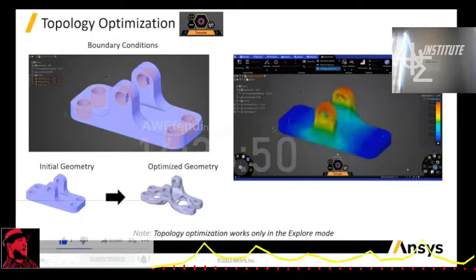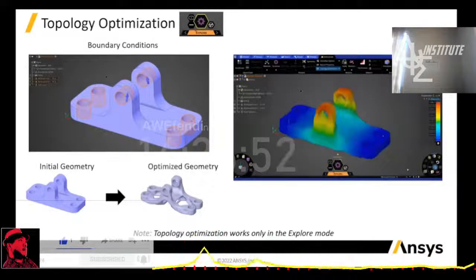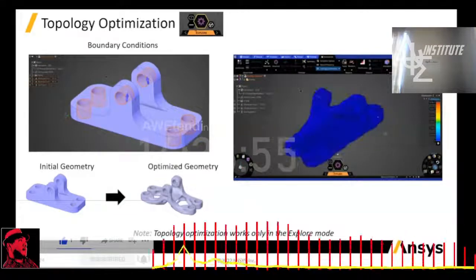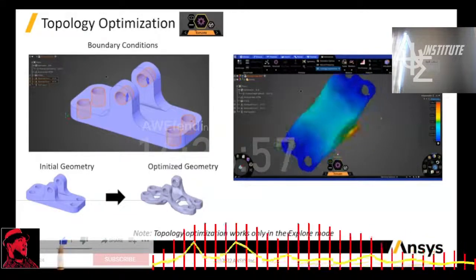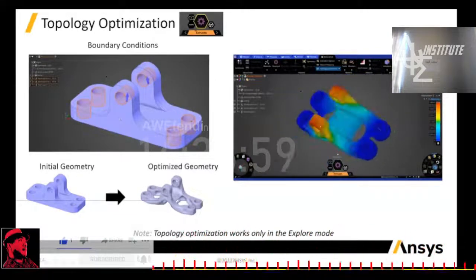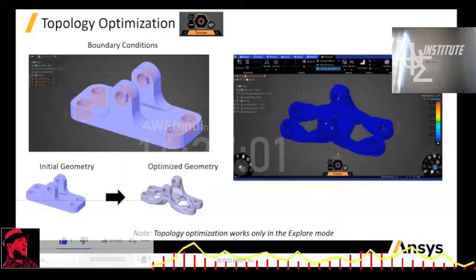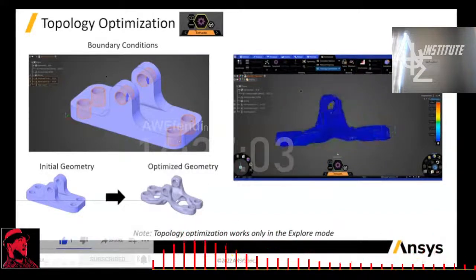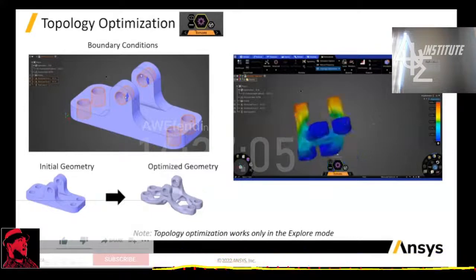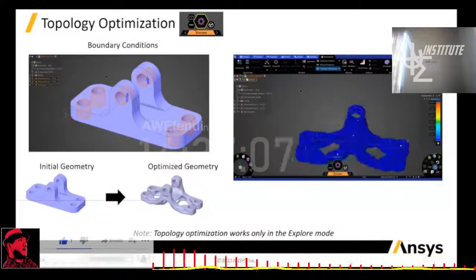So, coming back to another structural capability, this is topology optimization. Let us look at the bracket on this slide. A fixed support is applied to the holes in the bottom, and a load is applied at the top as shown over here.